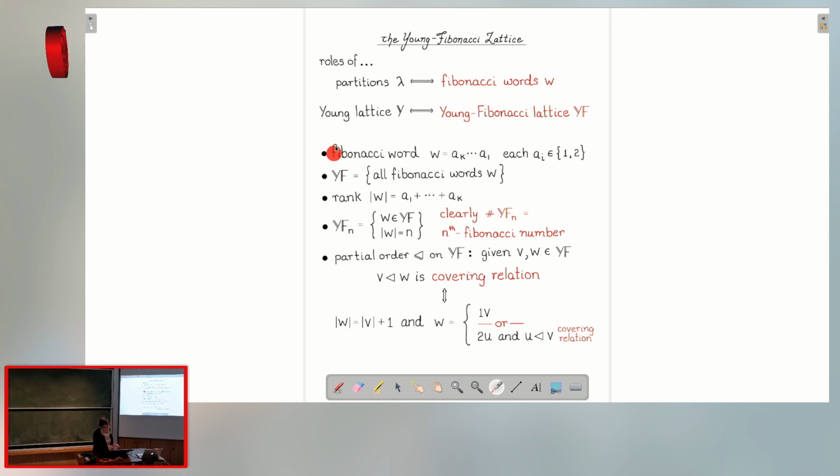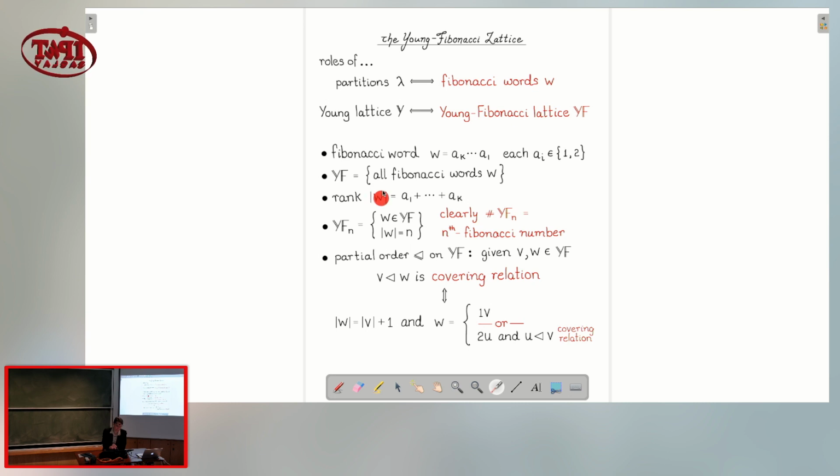Fibonacci words are simple enough. They're words with digits. I think of them as growing from the right to the left. That's why I've indexed them this way, A1 through AK, where each A is either a 1 or a 2. As a set, YF is just all Fibonacci words. But we're going to rank it, or cut it into layers, using a rank function.